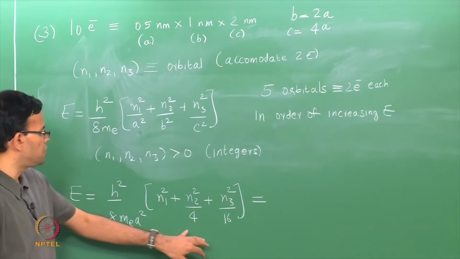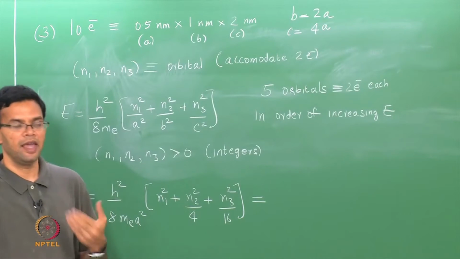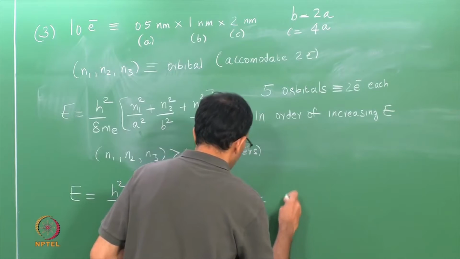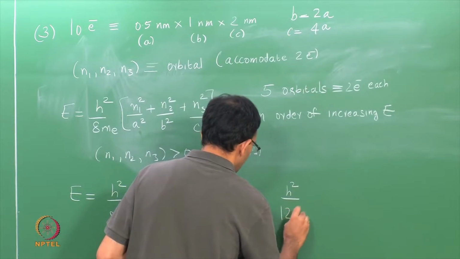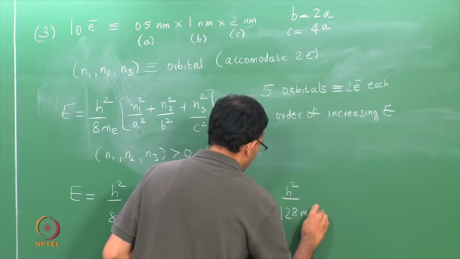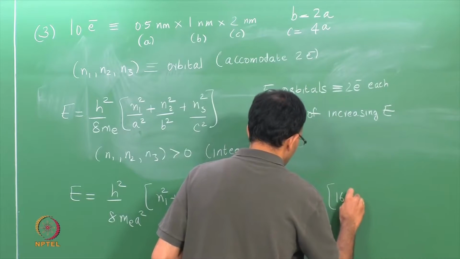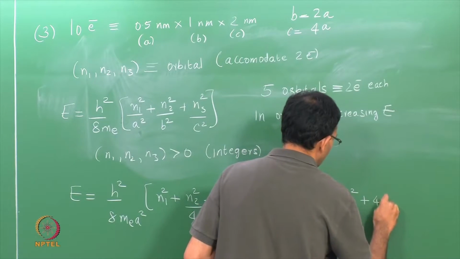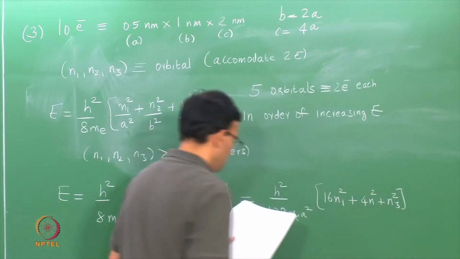This is just by substituting B and C in terms of A and taking A out. By taking a common factor out, this can be written as h square over 128 me A square, 16 n1 square plus 4 n2 square plus n3 square.